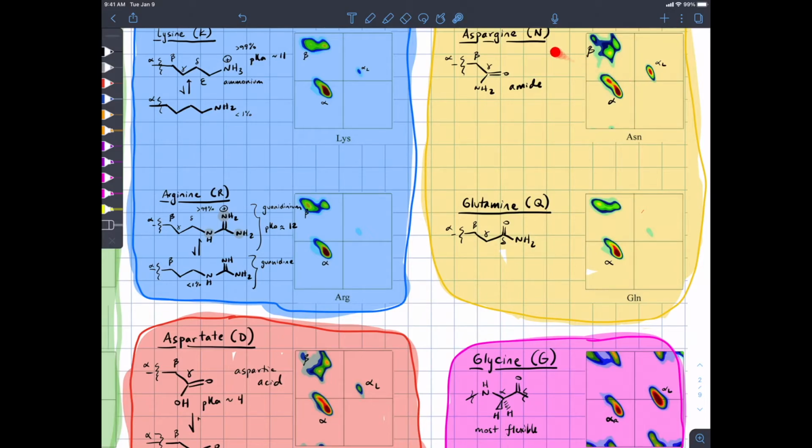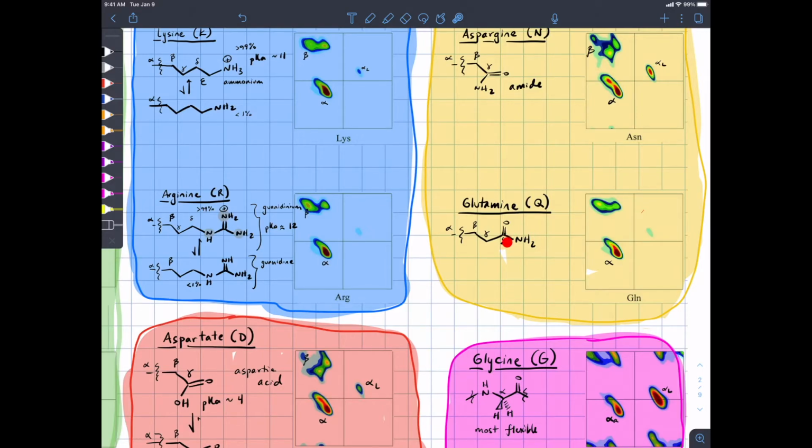It's basically the same as aspartate. It's happy in alpha helices, but in both right and left-handed senses. And so it appears that it's really the presence of this carbonyl on the gamma carbon that makes it possible for this to adopt unusual dihedral angles.